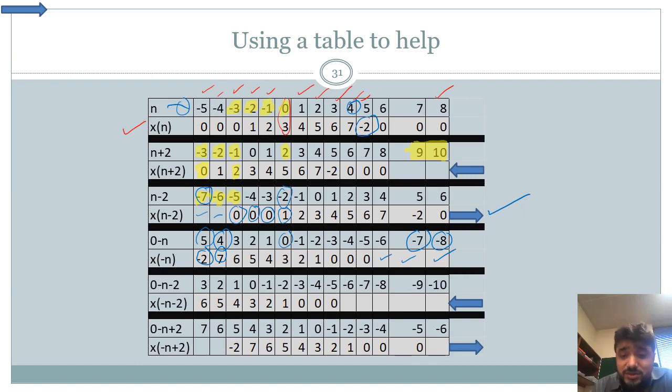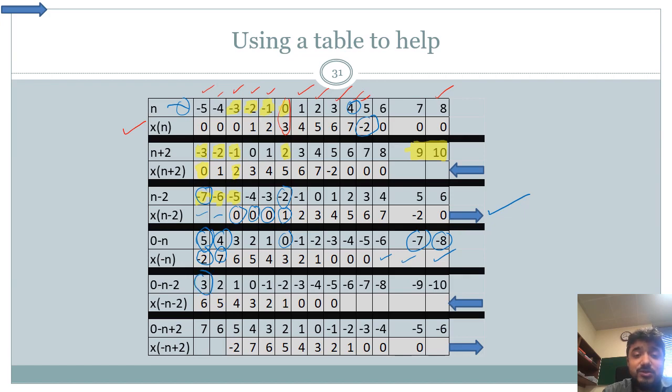Now if I want to do a minus n plus 2 and see what I get, I just recalculate the indices. So I do a minus n plus 2. So minus 5 becomes 5, and then I do a minus 2 to this, and this becomes 3.